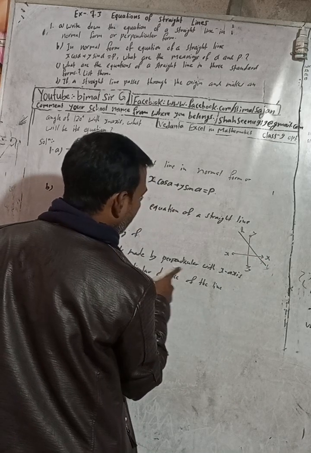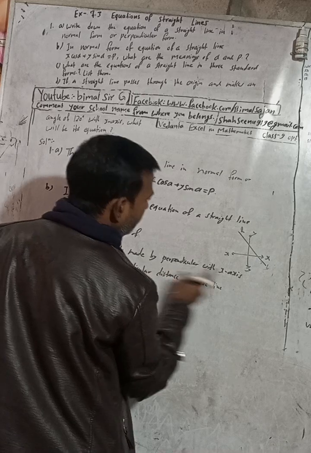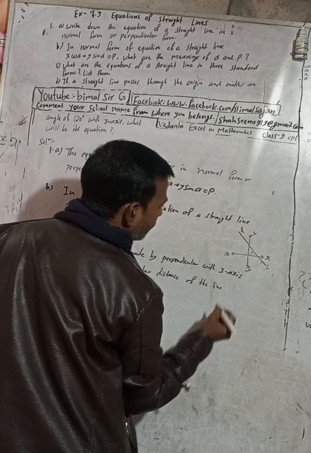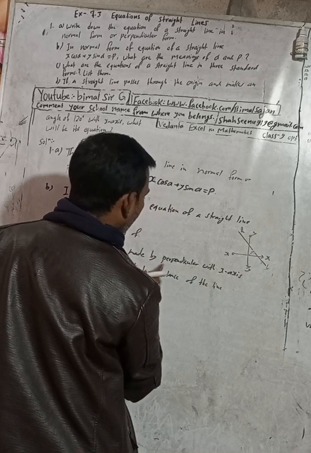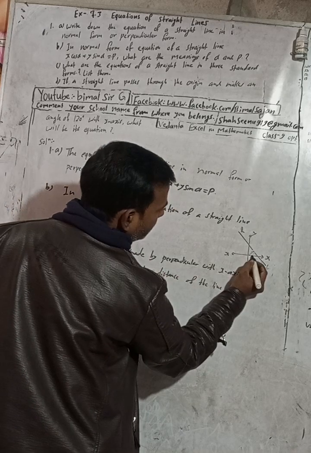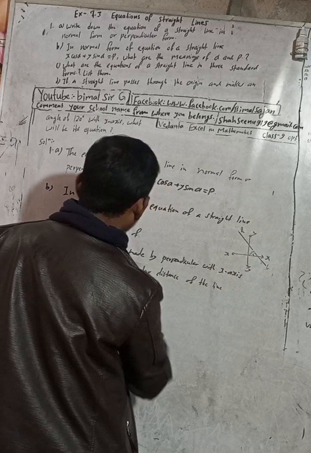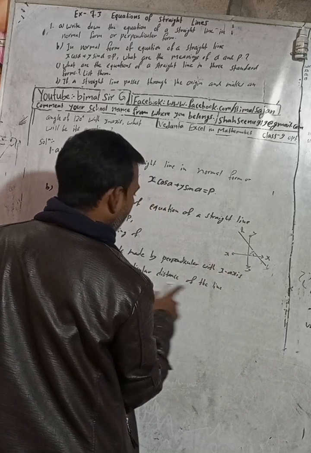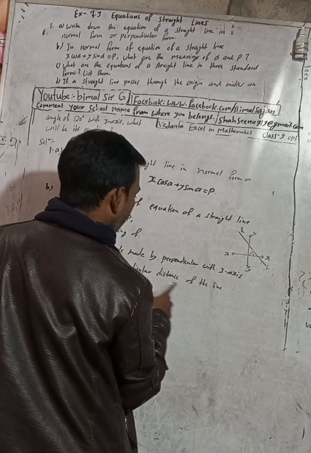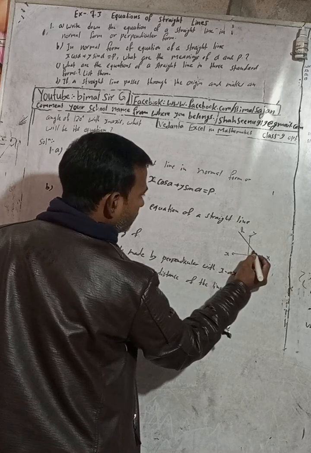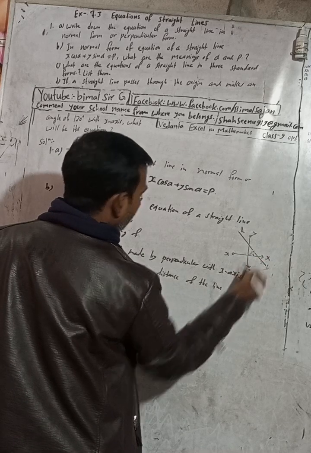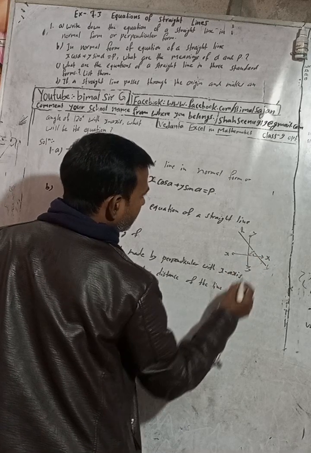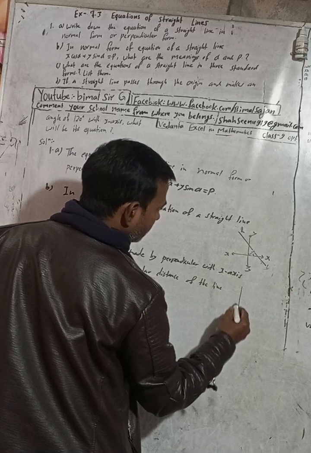Angle made by the perpendicular with the x axis. Suppose this is now the perpendicular to this line. So this is the alpha angle. And the perpendicular distance of the line from the origin, this is P. If we know this distance, this figure is very small.